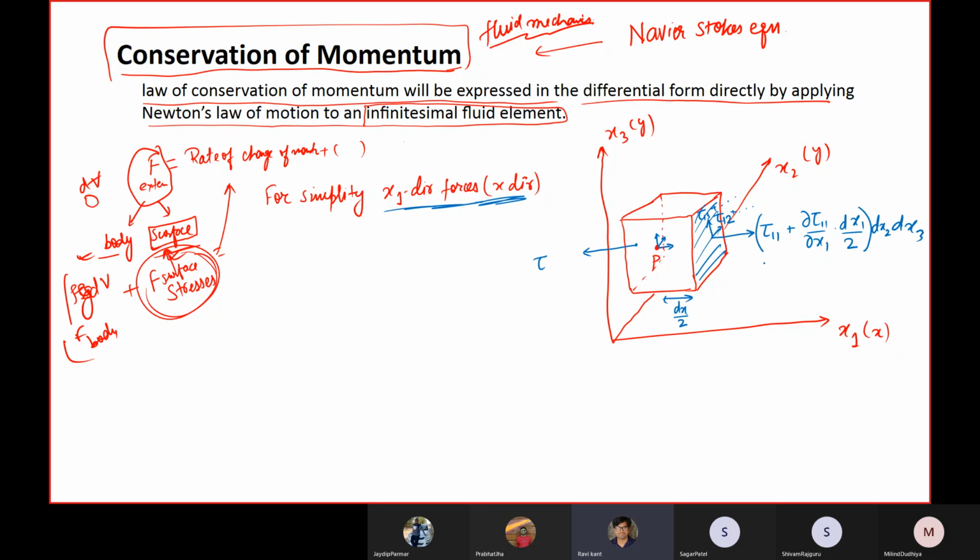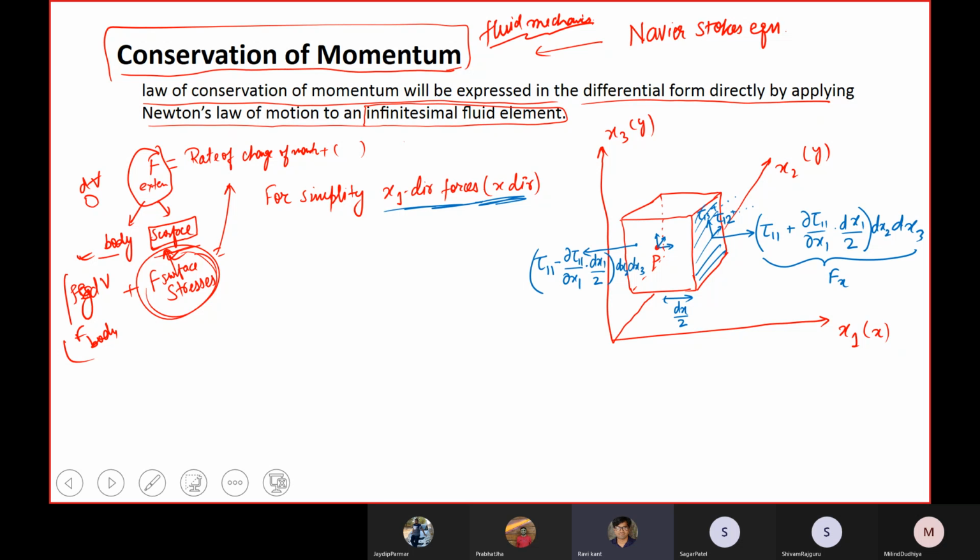So now this is your whole force in x direction at one face only. Similarly, at the left hand side, I can write tau 11 minus dou tau 11 by dou x1 times dx1 by 2, multiplied by that area. That area is again dx2 times dx3, isn't it? So this is the normal force that is acting in x.